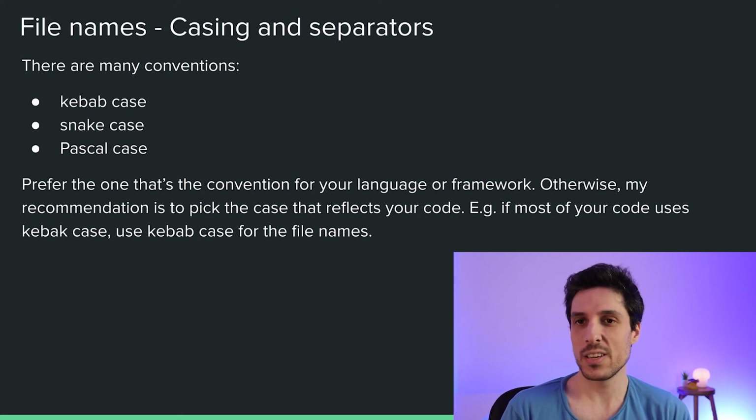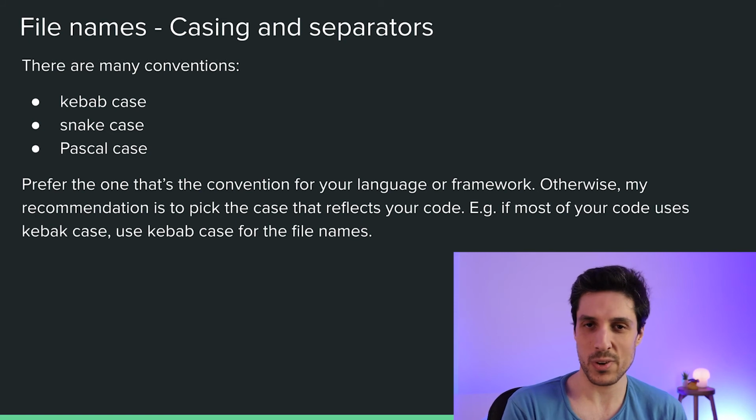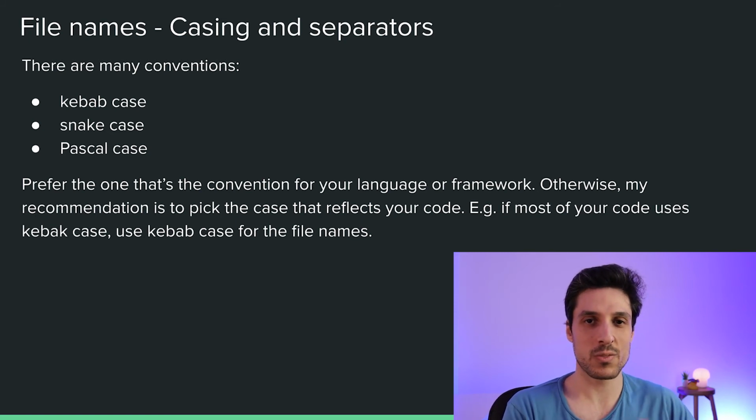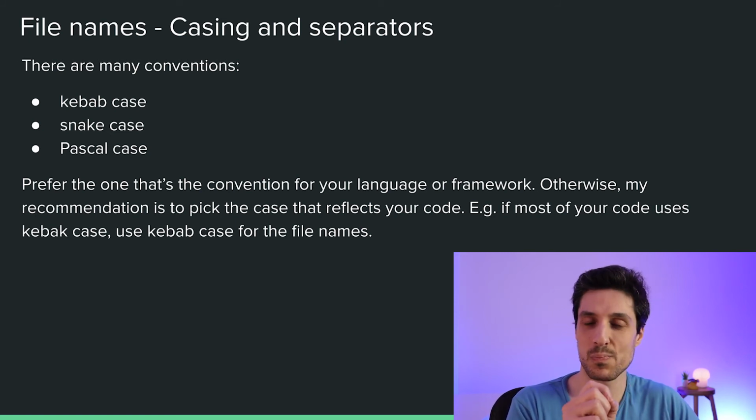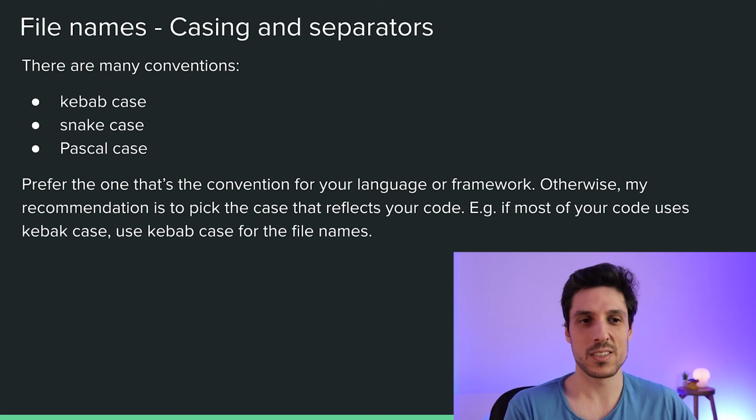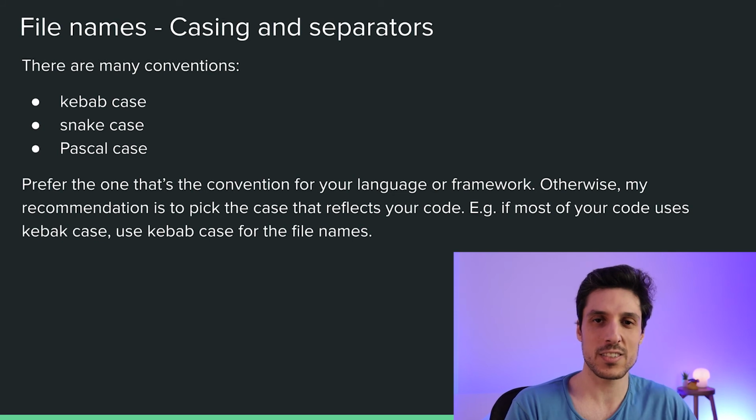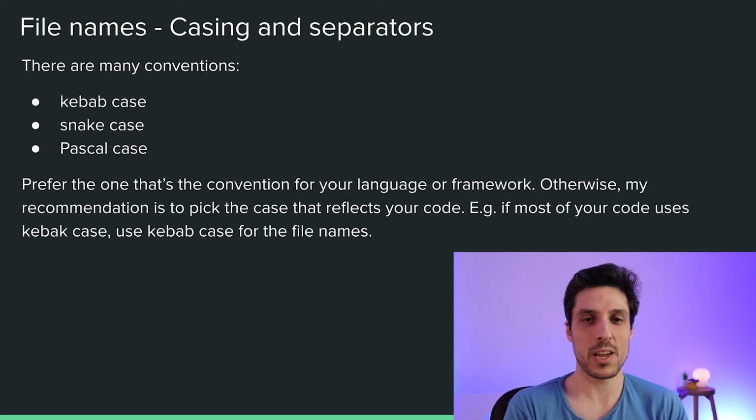In general, if I'm using this convention, I prefer to use hyphens because it reflects the code I write more accurately. Like in CSS, the convention is to use kebab case, not snake case. In HTML, the convention is again kebab case, not snake case. So for that reason, I tend to name my files with kebab case.